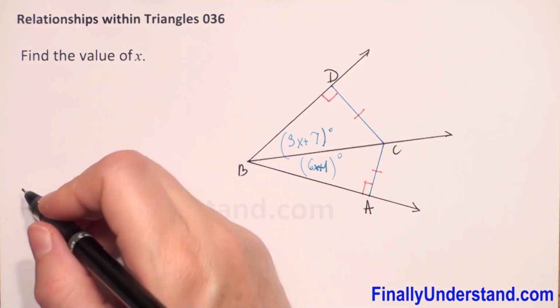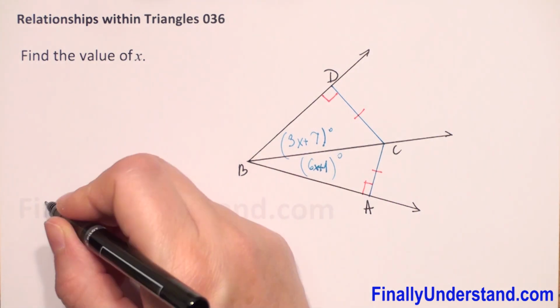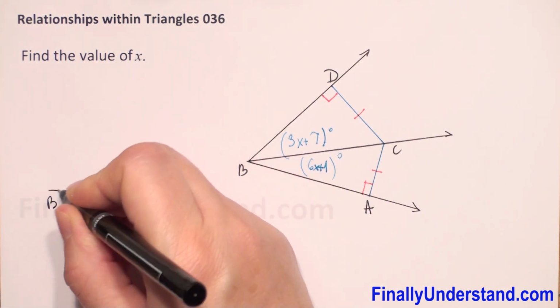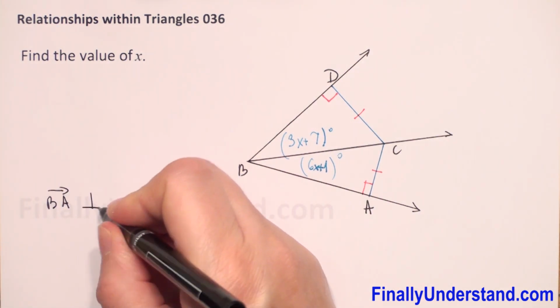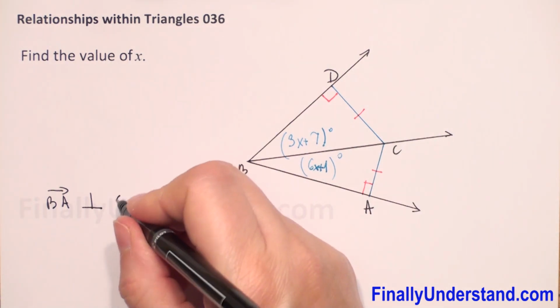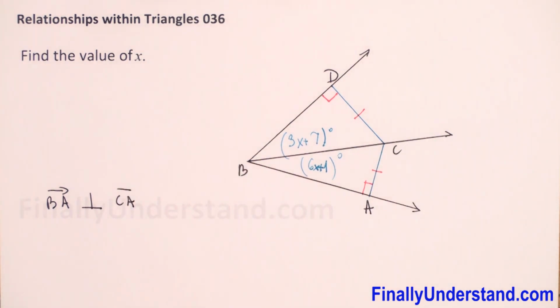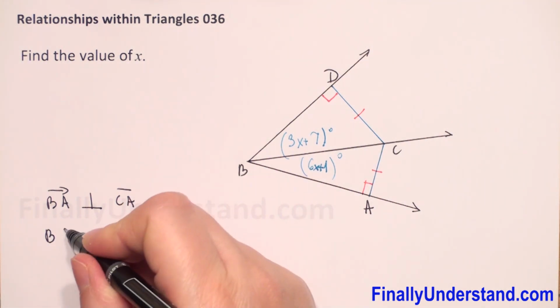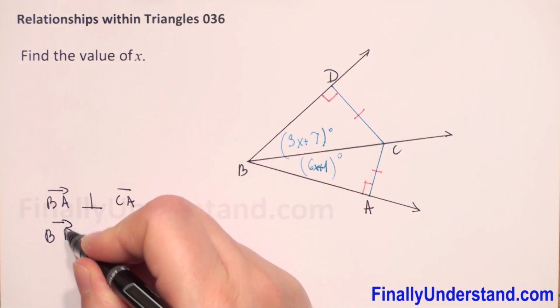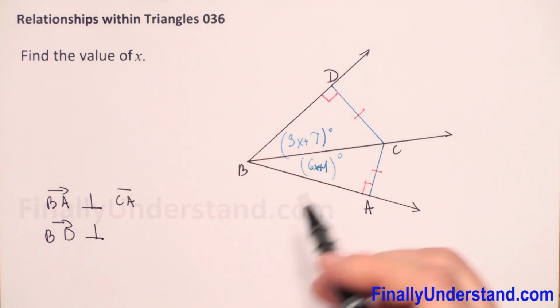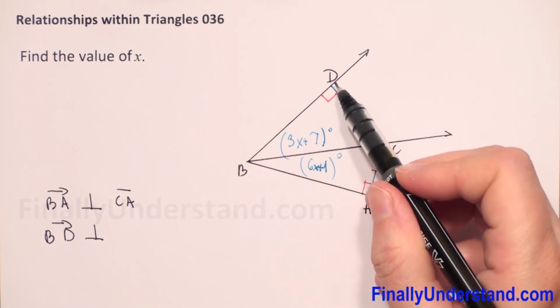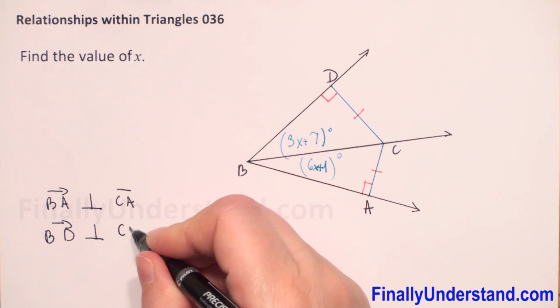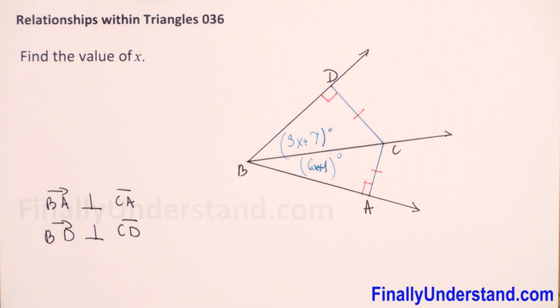We are given that BA ray is perpendicular to CA segment. We also have that BD ray is perpendicular to CD segment.